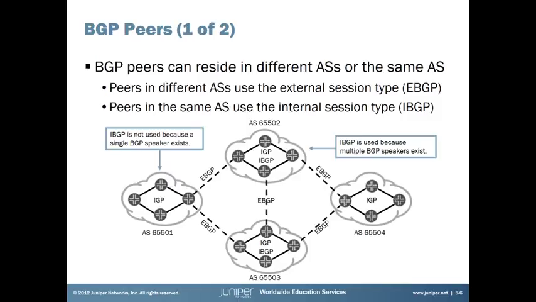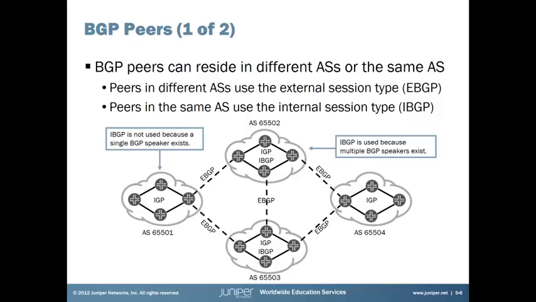Let's take a look at this other autonomous system on top here, AS65502. If you look at that, we can see that there are three routers in that autonomous system that peer with other autonomous systems. So each of those peering arrangements is an eBGP peering arrangement.